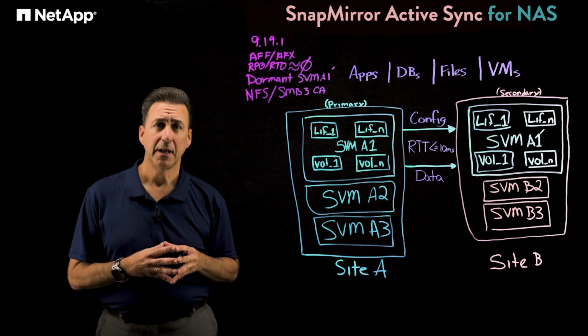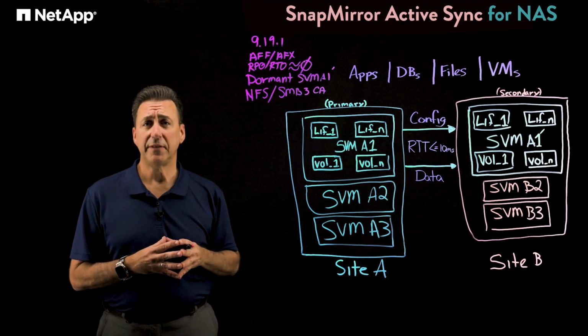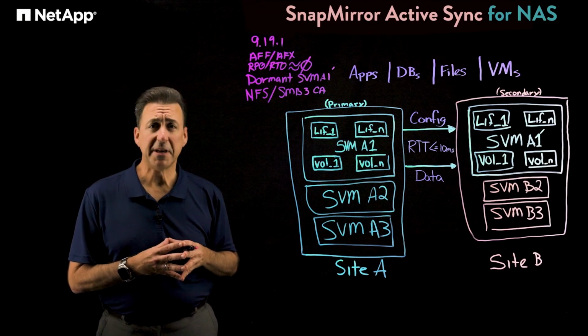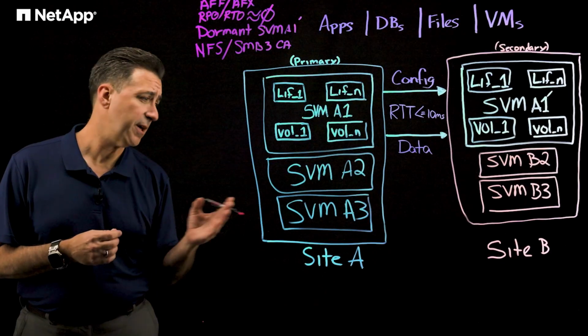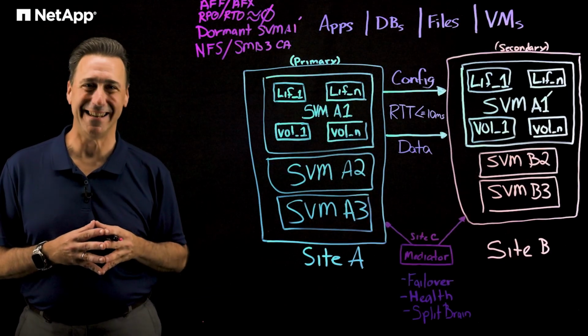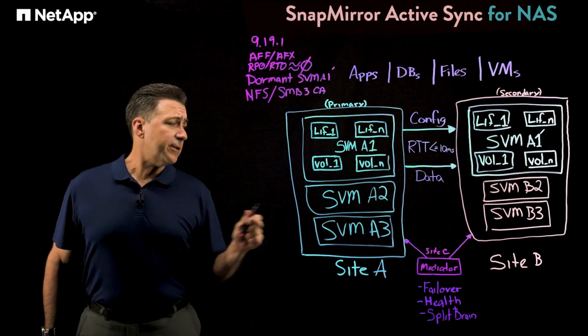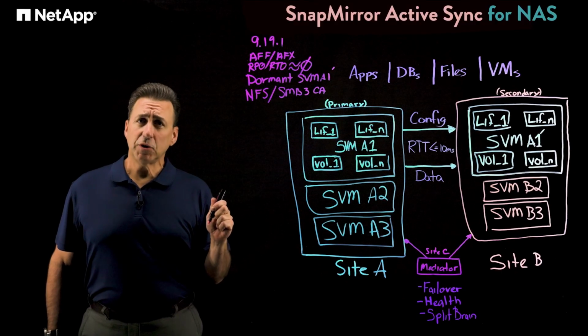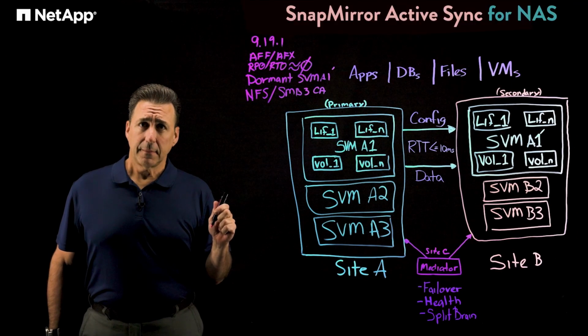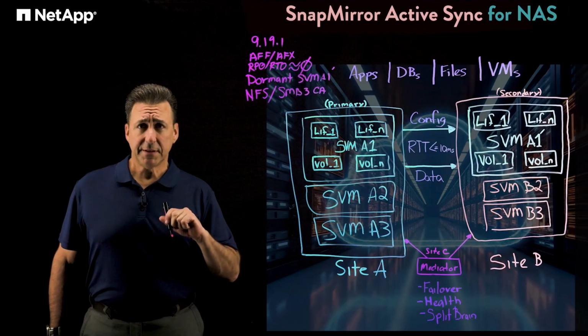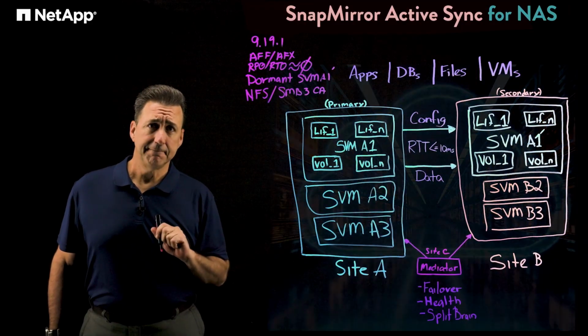Now, part of this replication, or part of the failover, is made possible all by this third site, our mediator. So the mediator can be deployed as a virtual instance in cloud, on premises, and anywhere in between.